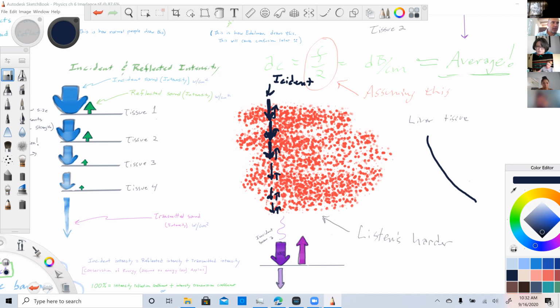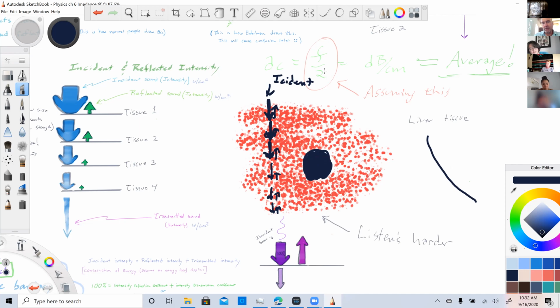Now, we come in and create a cyst. Okay, my attenuation coefficient was frequency over 2.